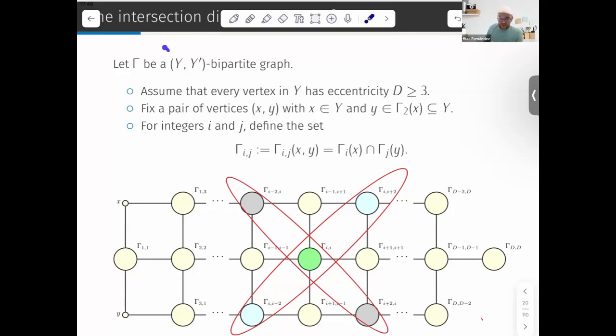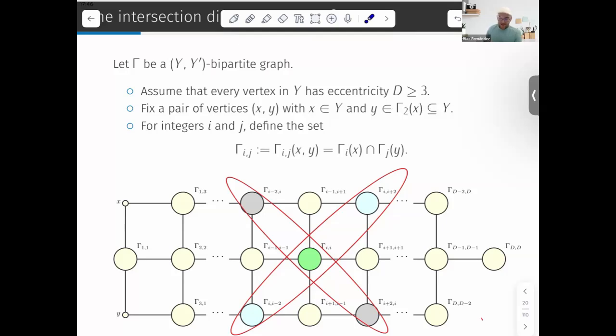So we have again a bipartite graph, we pick a vertex x, and now for every vertex y at distance 2 from x, we define these sets. Gamma ij is the set of all vertices which are at distance i from x and at distance j from y.